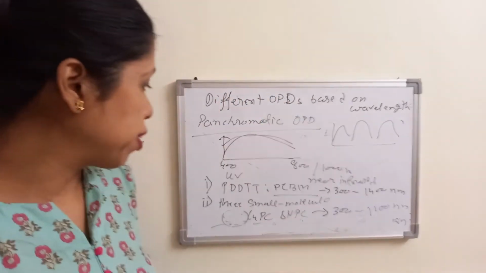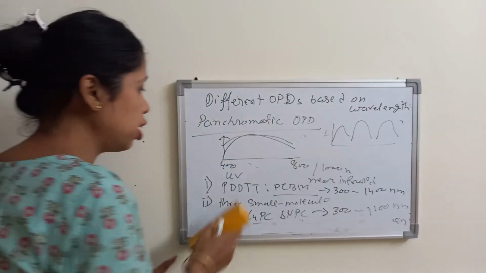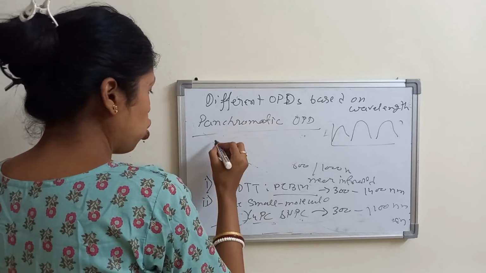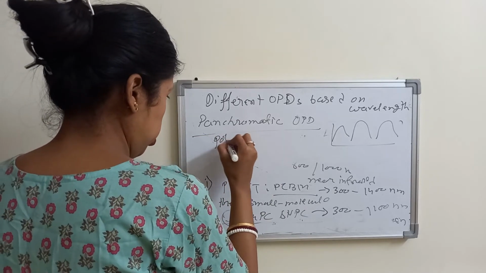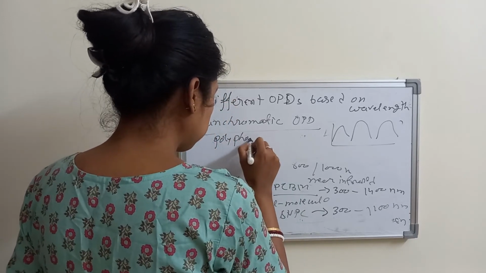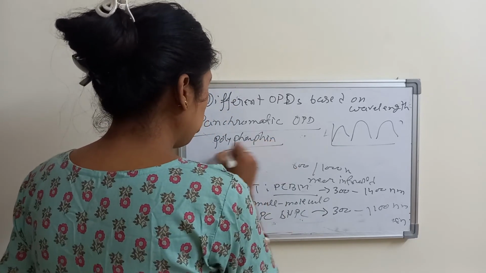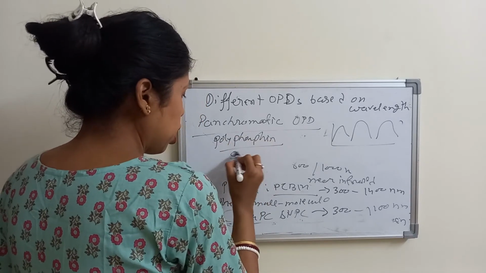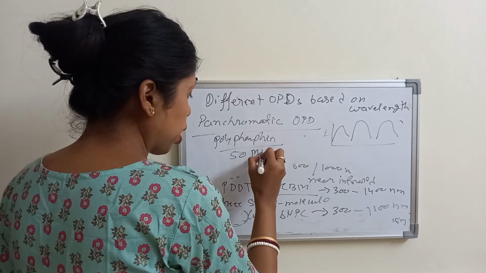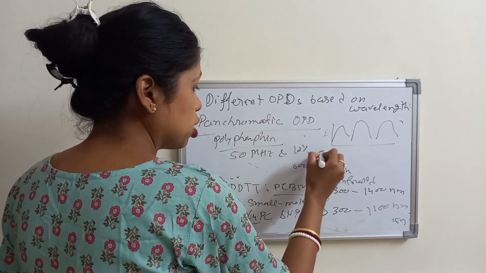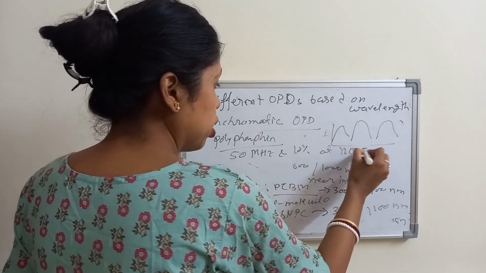Another small molecule material, by using only one small molecule for a panchromatic OPD, we can also get. This is porphyrin. A porphyrin-based material was used that can give 50 megahertz response speed and 10% efficiency at 1100 nanometer.